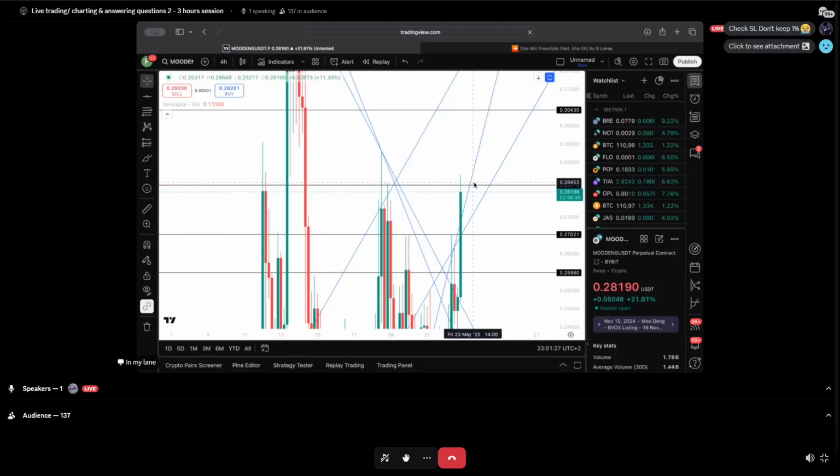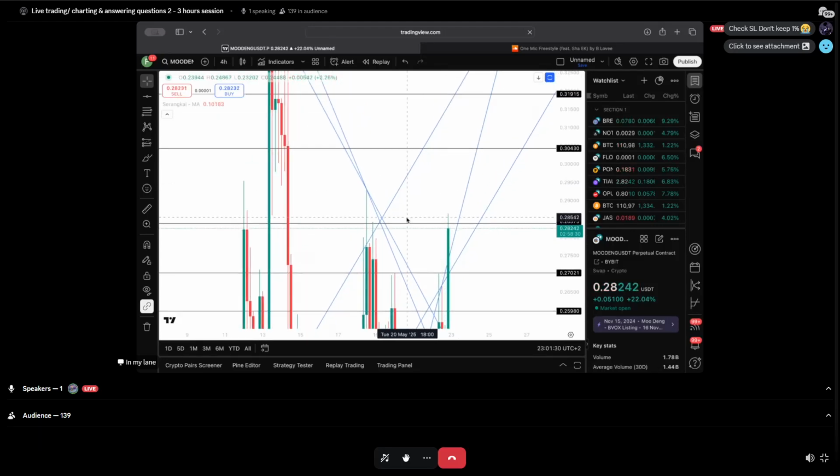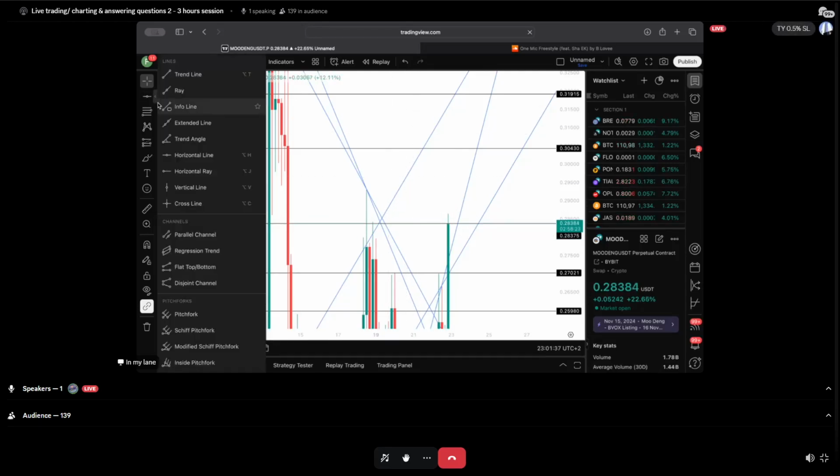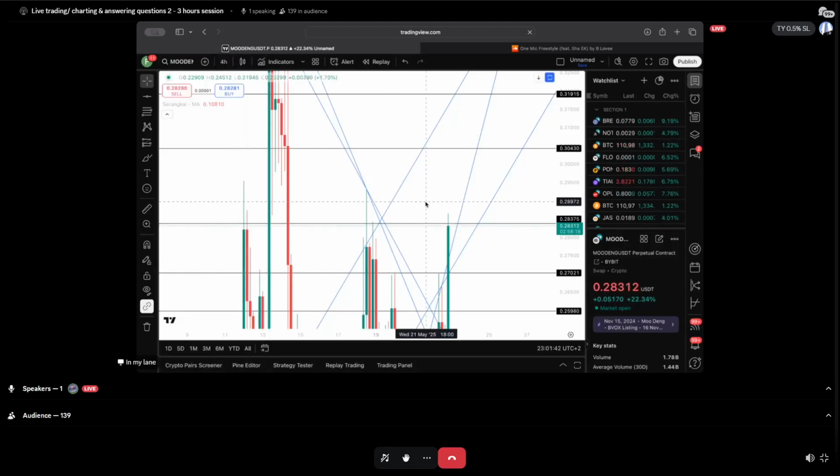That's safer. Then I can have a smaller stop loss because I have my confirmation, rather than something like 20%.